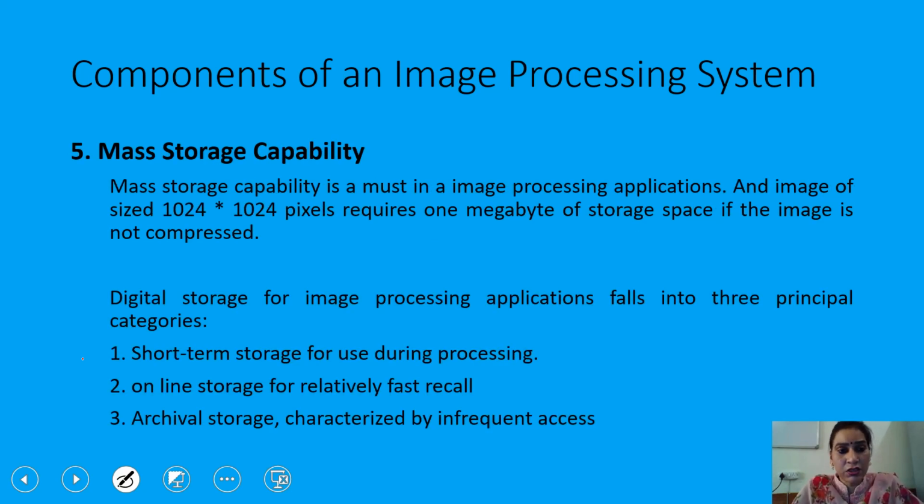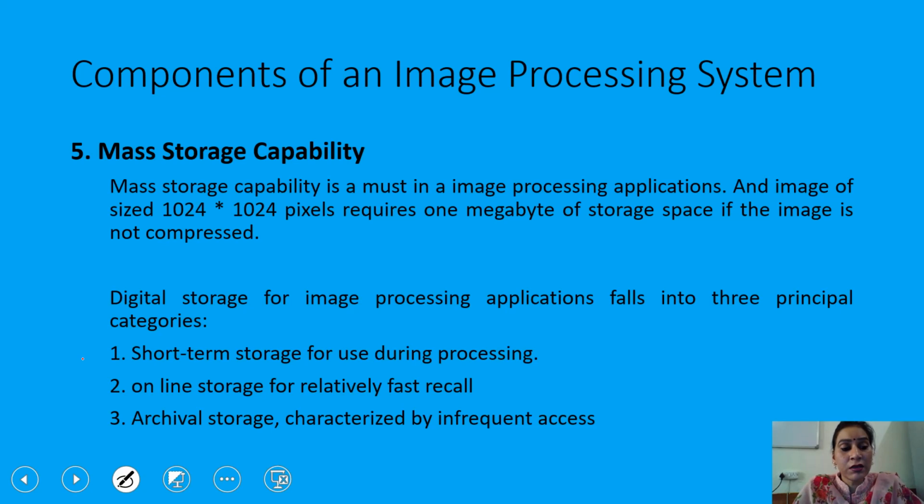Then mass storage. Mass storage capability is a must in an image processing application. An image of size 1024 by 1024 pixels requires many megabytes of storage space if the image is not compressed, because high resolution images are of high size.